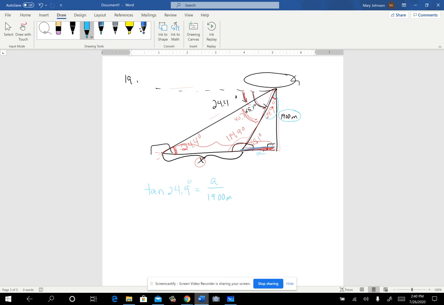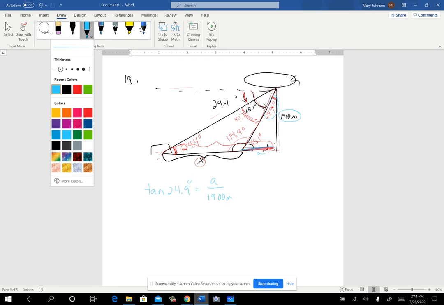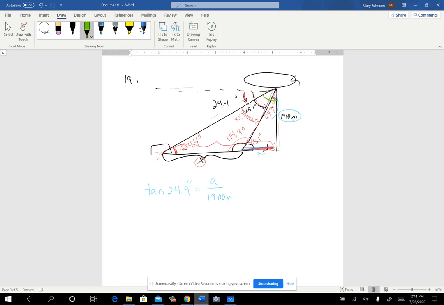Okay. Well, I could actually use a similar setup if I wanted. I have one more angle I need to find, believe it or not. So if I found, let me do the angle in blue, I could do a similar setup. I'm trying to decide the best place, let me do it in bright green, all the way from there to there, to find that whole angle. And I can do that.